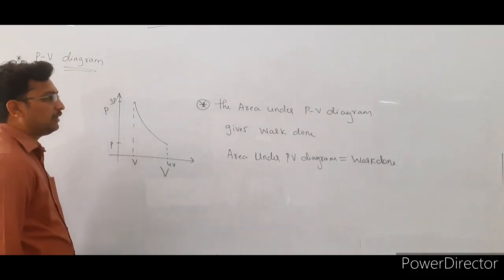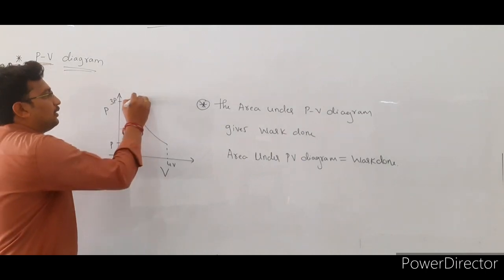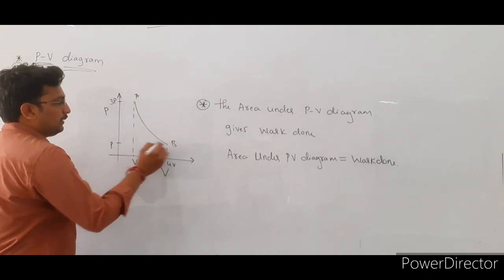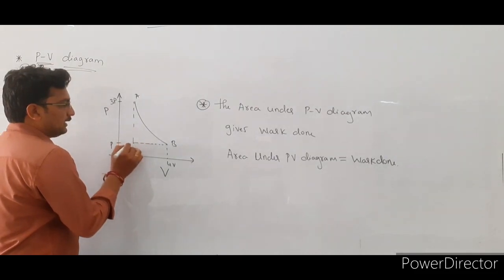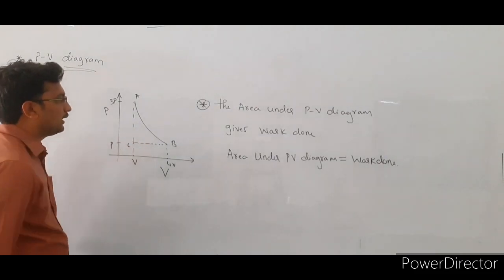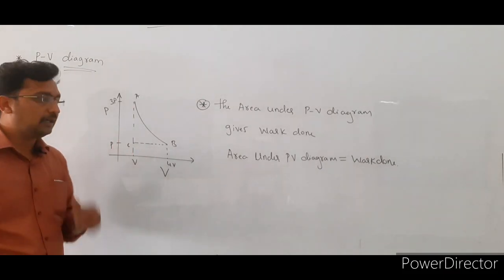We are going to find out the area under this PV graph. This point is A, this point is B, and joining, this point is C. So here we are going to find out the area under the PV diagram.